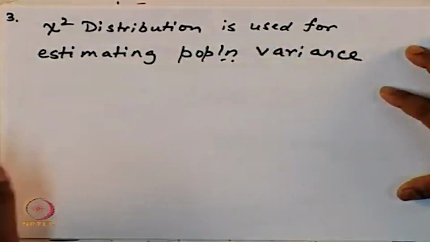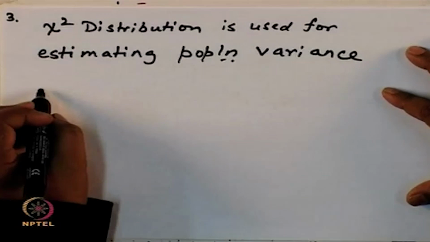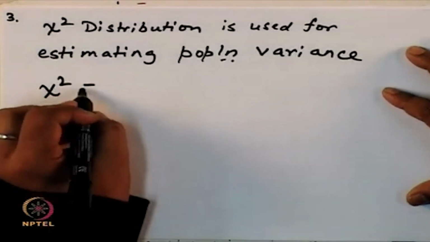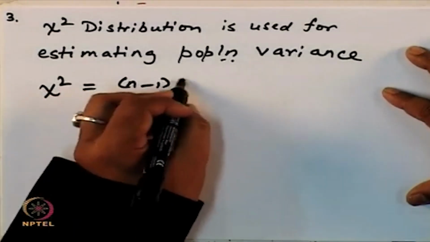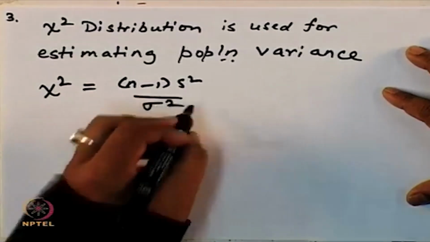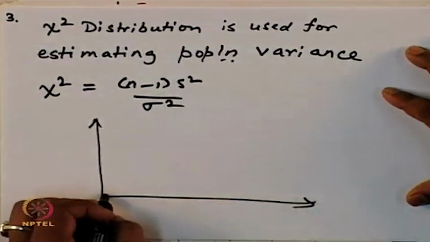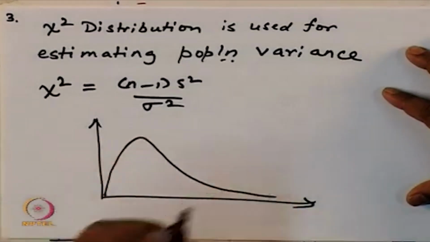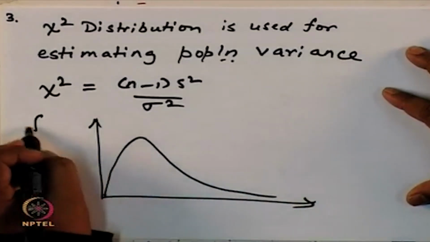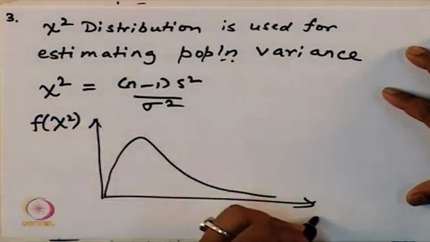The statistic that you calculate, called the chi-square value, is given by n minus 1 into s square by sigma square. The chi-square distribution is asymmetric, it looks something like this. This is f of chi-square and this is your chi-square value.